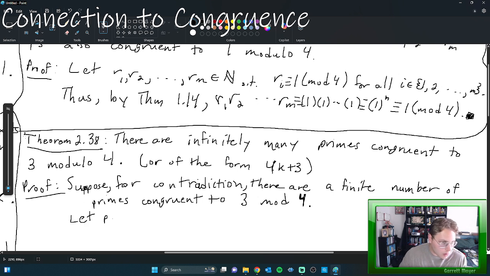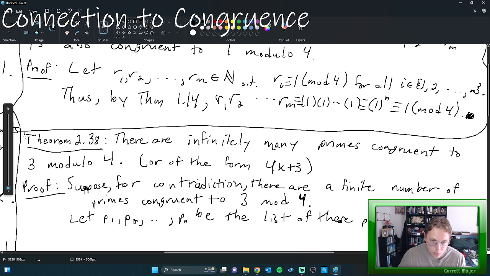Let P1, P2, ..., Pn be the list of these primes. Thus, for all i, Pi equals 4 Ki plus 3 for some Ki in the set of all integers.